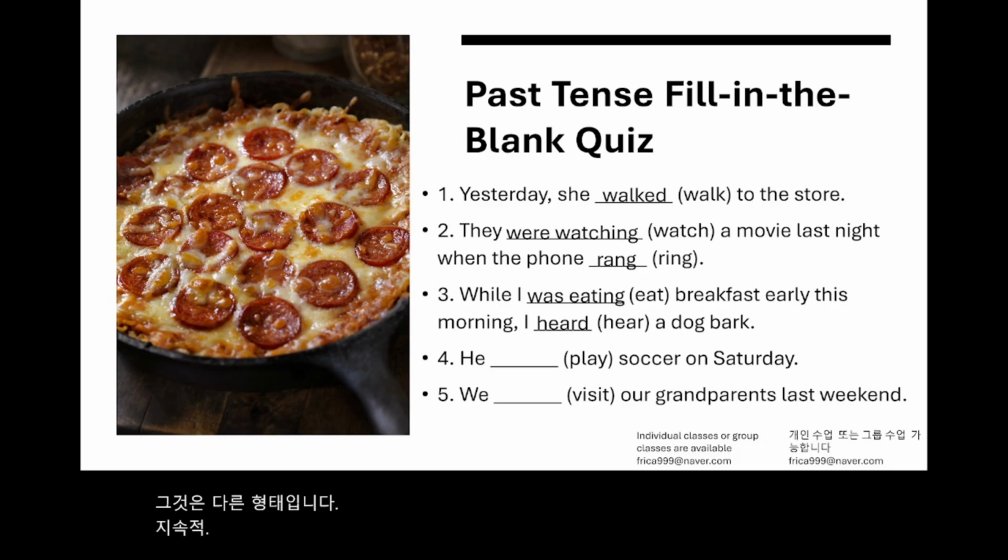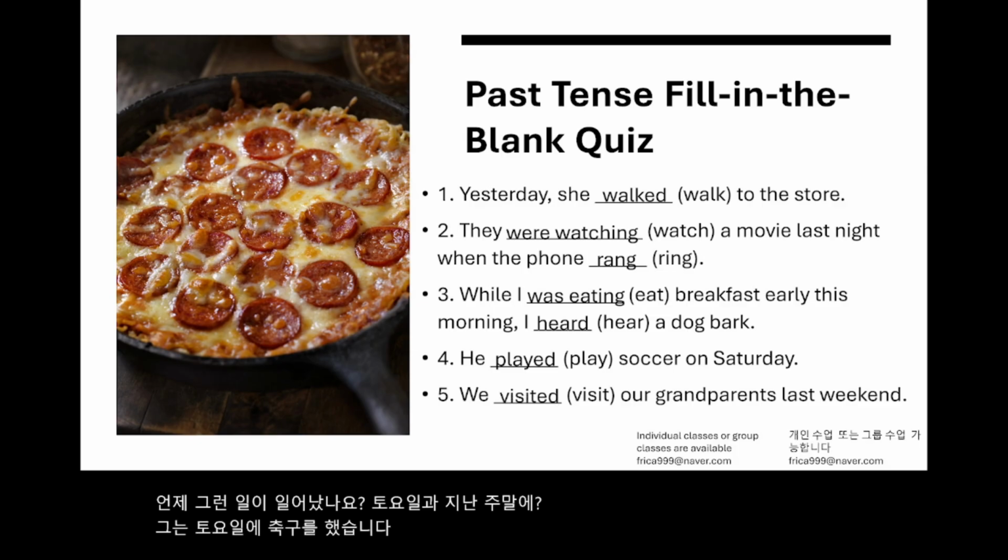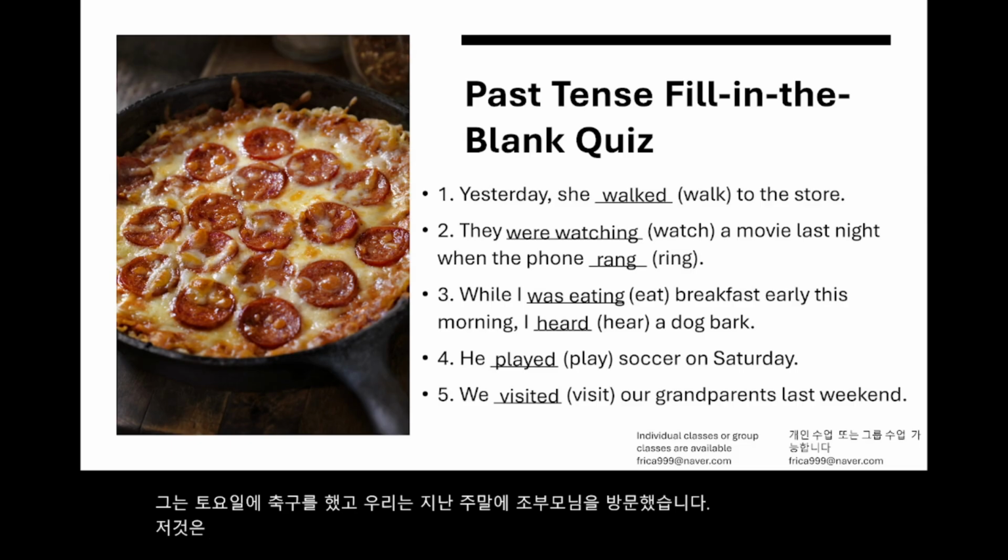Okay, and the last two happened in the past and are done. And when did they happen? On Saturday and last weekend. He played soccer on Saturday, and we visited our grandparents last weekend. Yeah, that's it. Move on.